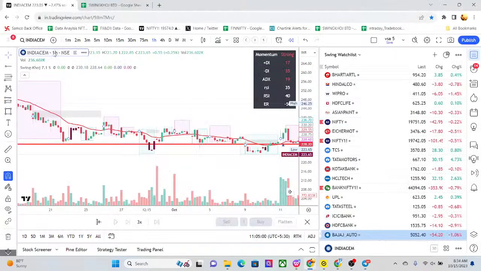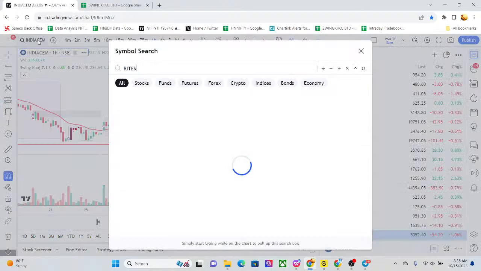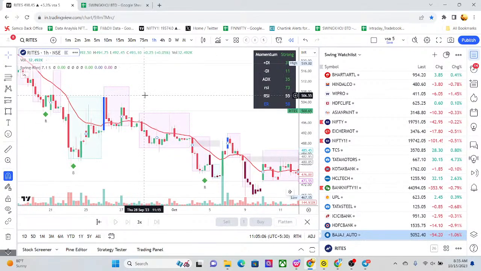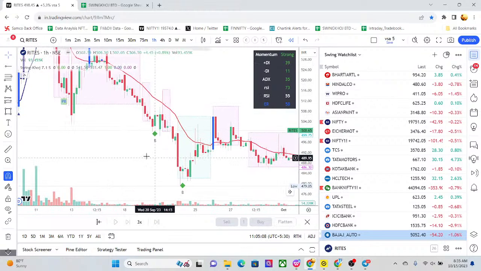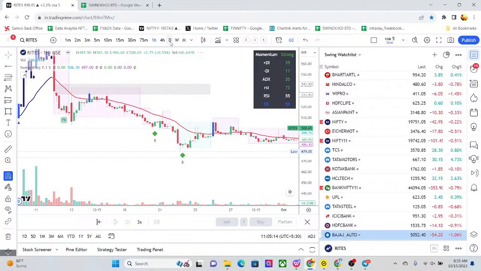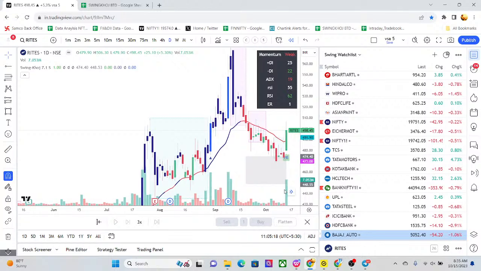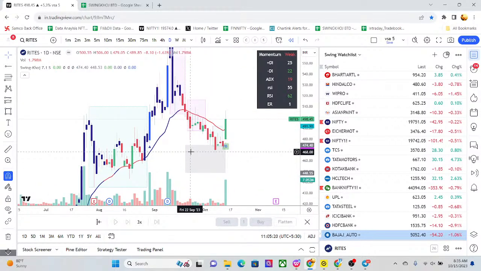On 21st September, it went below. There's no entry here. We have another pullback here.